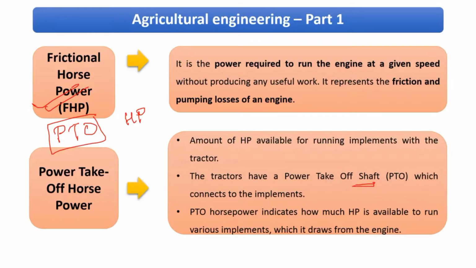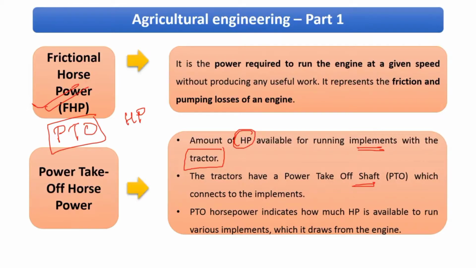This is the amount of horsepower that is available for running the implements with the tractor. If you have gone through the tractor video, you would have understood that the tractor in itself is used for various operations. Apart from that, various implements are also attached to the tractor, and the tractor is used to move or run those implements.